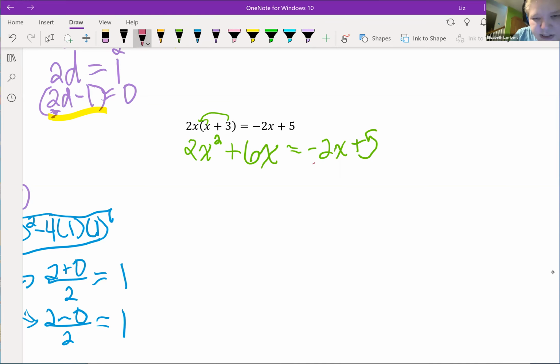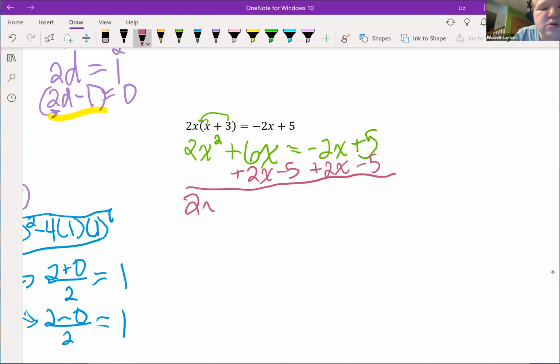So instead of -2x, we're going to plus 2x, plus 2x, minus 5, minus 5. I lined it up with the like terms. So this is now plus 8x and the minus 5. And now this side is the desired and required 0.